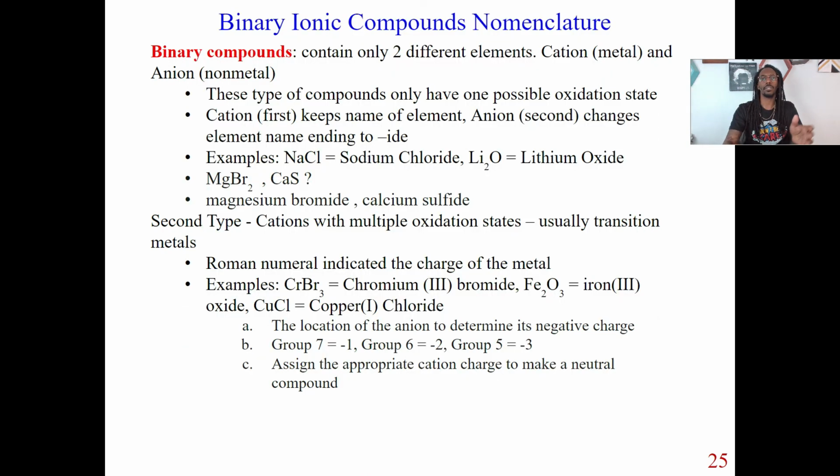The only thing that's going to get me to a neutral compound is copper being a +1. So since copper is a +1, I'm going to put a 1 here for my metal. Always remember, this number here goes with the metal. It's never going with the anion. It always goes with the metal.